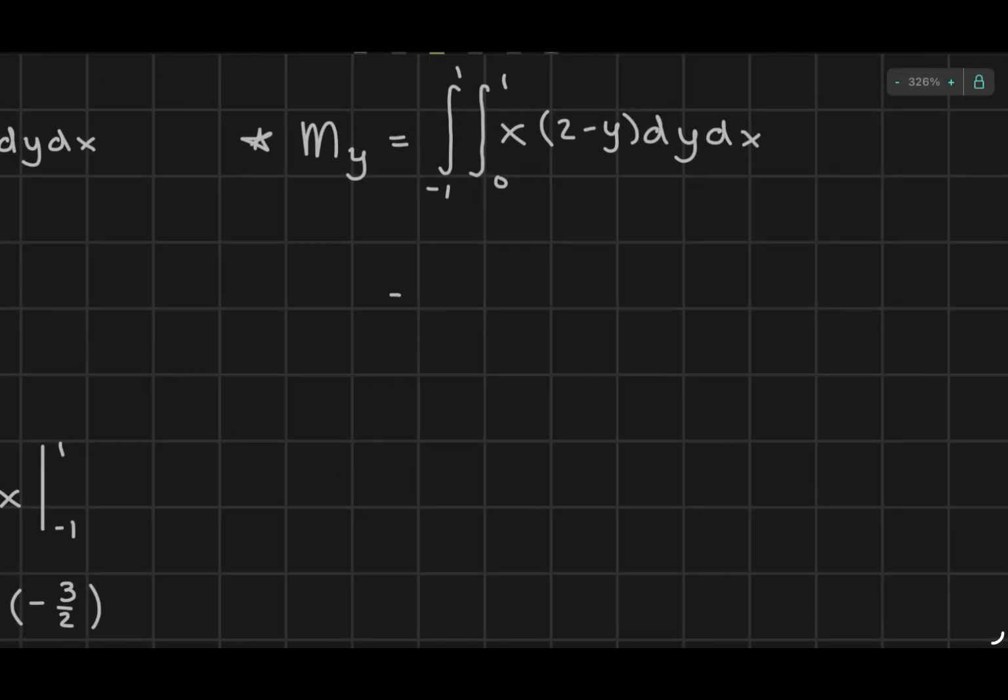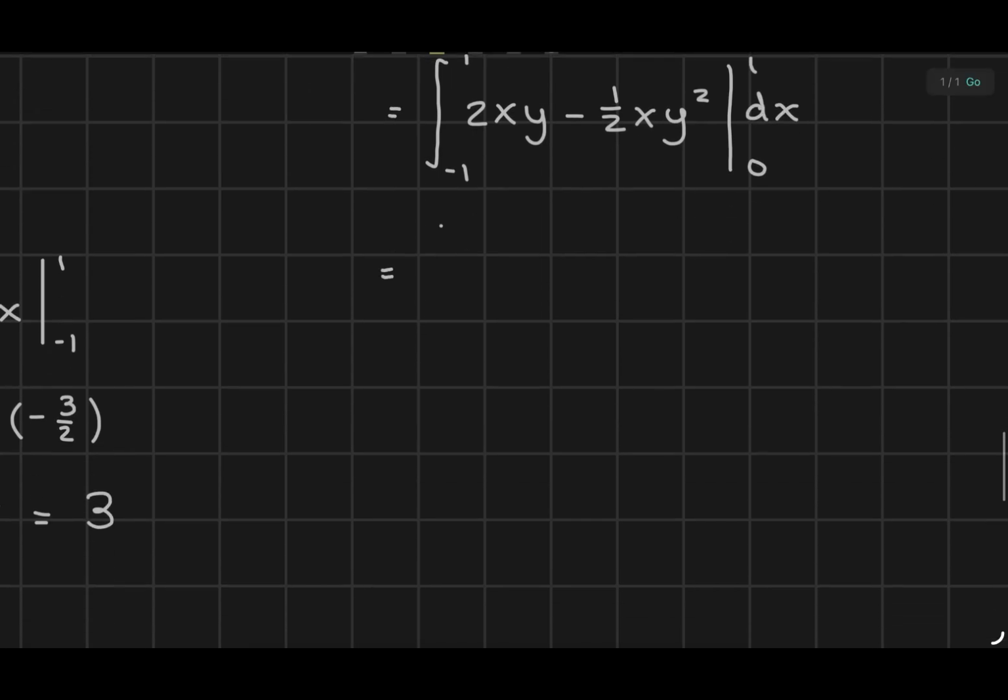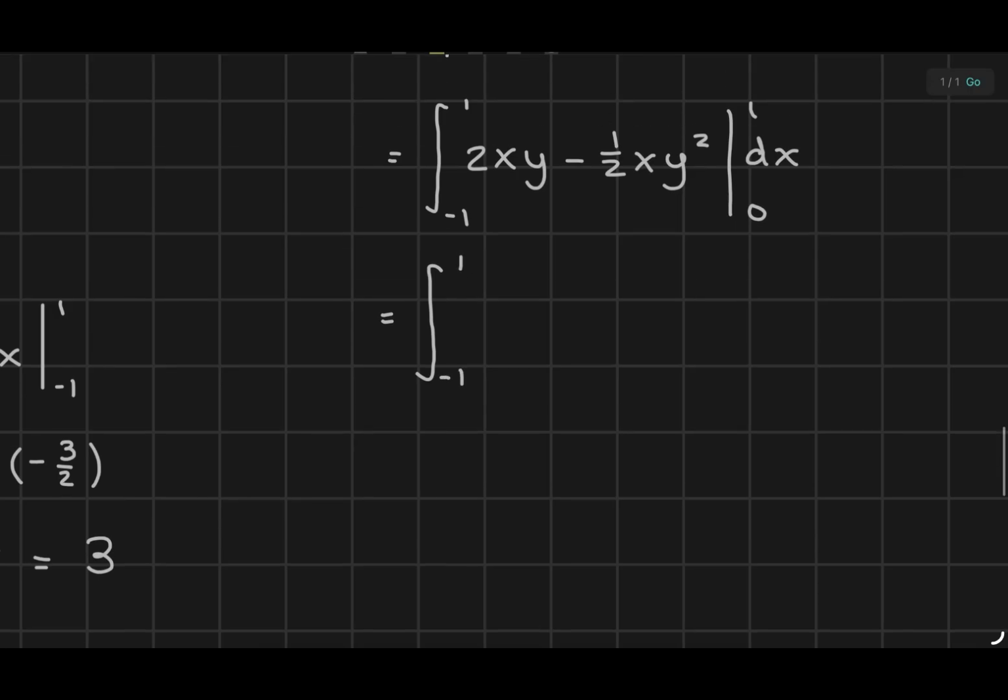This is going to equal the integral from negative 1 to 1 of 2xy minus 1/2 xy squared from 0 to 1 dx, which is going to equal the integral from negative 1 to 1 of, well, this is going to be 2x minus 1/2 x.